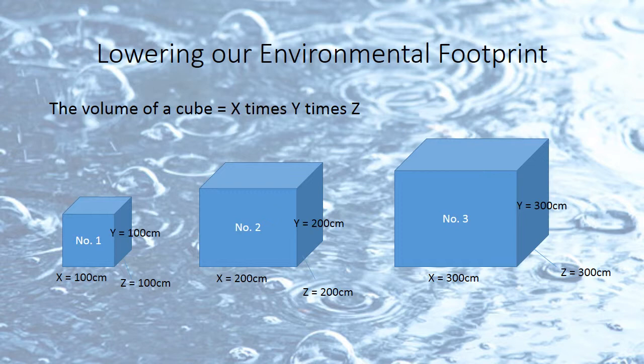So x is the base, which is 100. We've got to times that by the height, which is y, times by the depth, which is z. And then, when we've found the answer, we can apply this to any other problem. So, the volume is x times y times z.